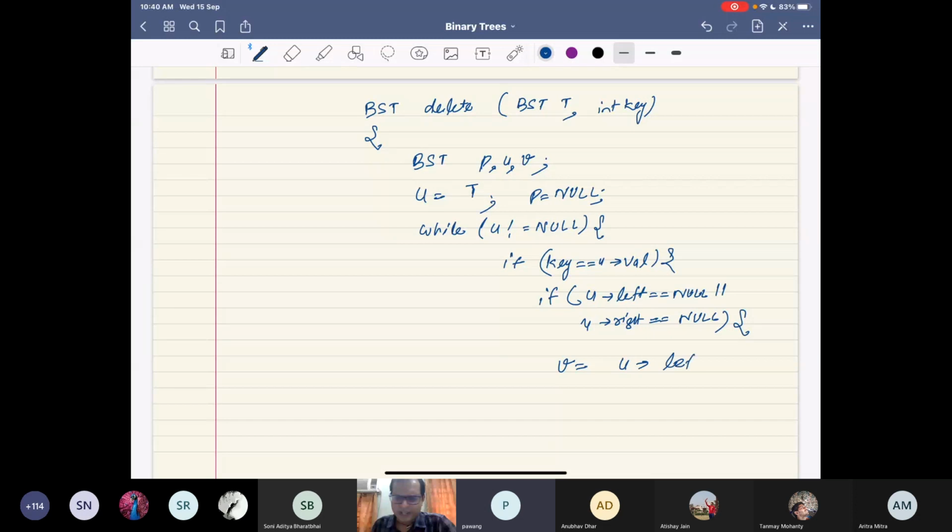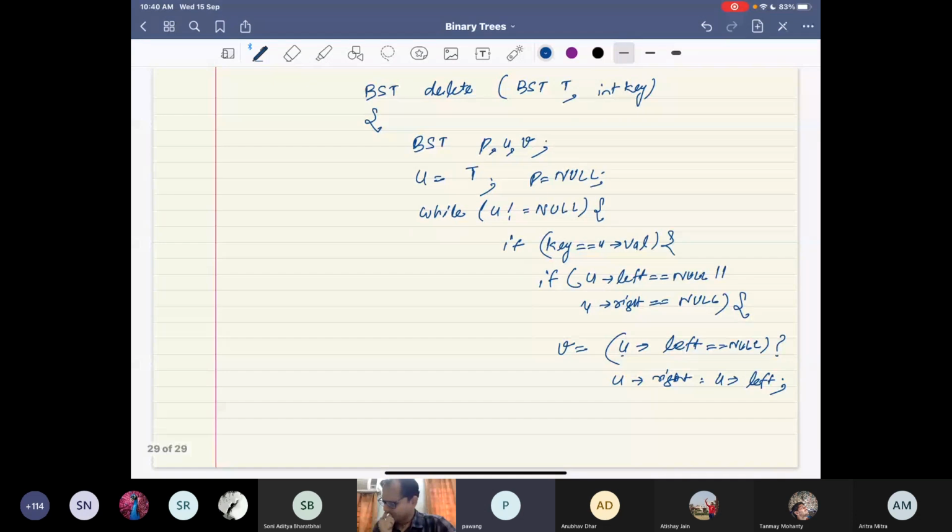If U of left is equal to null, question mark, U right, else U left.